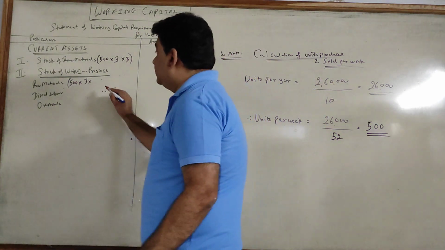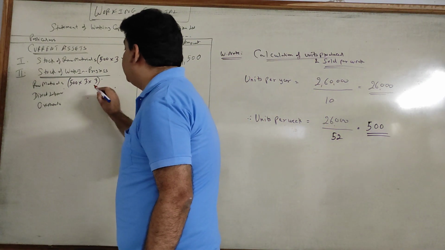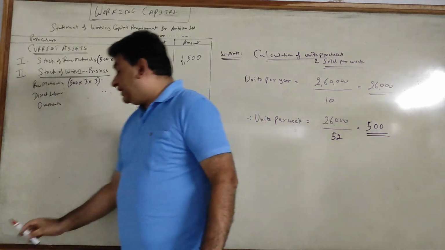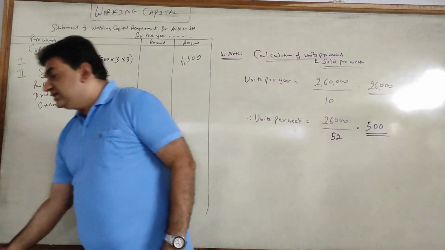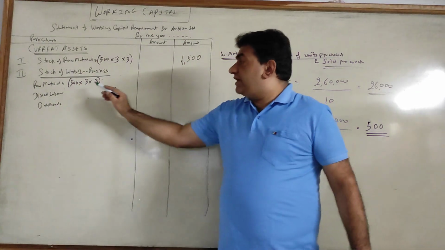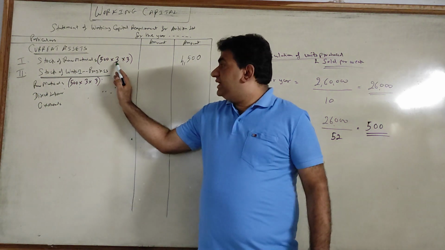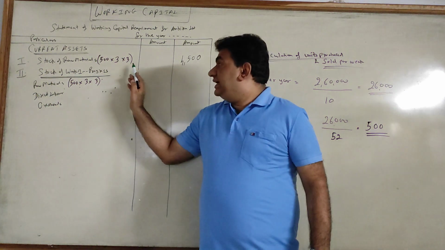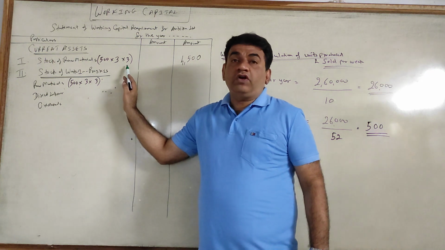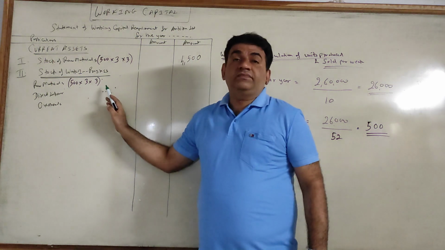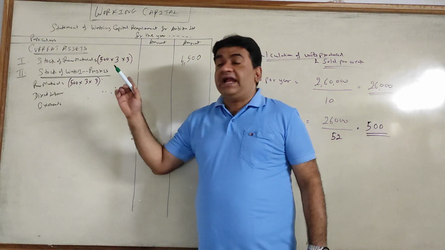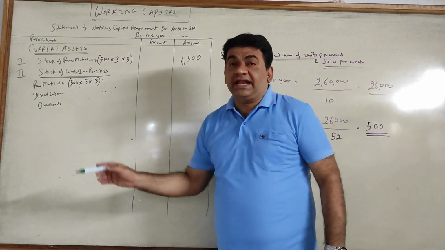So what you will do, this further you will multiply by 3. I'll repeat again. Have you got this? Same like earlier, but 500 is units, 3 is the cost of material. Here raw material was blocked for 3 weeks. Here processing period is 3 weeks. That is WIP, the processing. That means what?